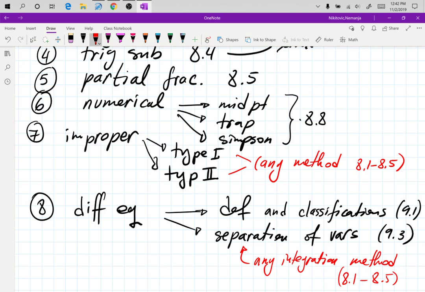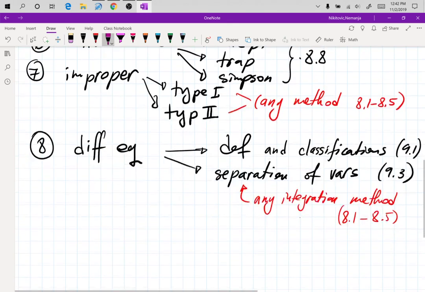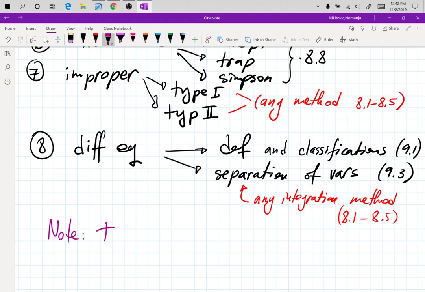Keep in mind, note: try U sub first. Try the U sub first, because if the U sub can work, there is no reason to do trig sub or partial fraction decomposition or something crazy, right?